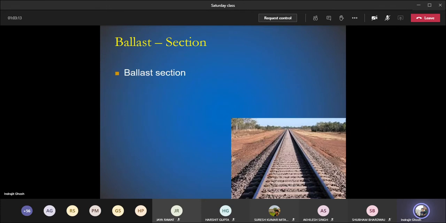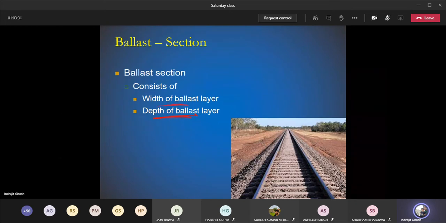Now when we have a ballast section and we have to design the ballast layer, we need to talk about two things. One is the depth of the ballast, which we have seen earlier in the track modulus discussion. The other thing we should discuss is the width of the ballast layer. How far we should go from the rail or from the end of the sleeper.